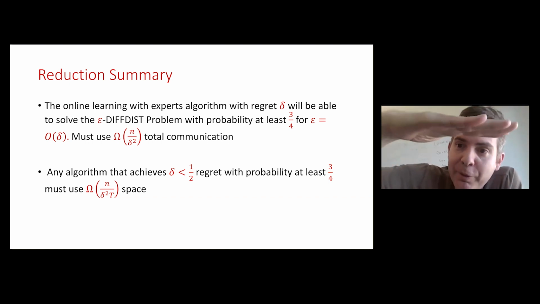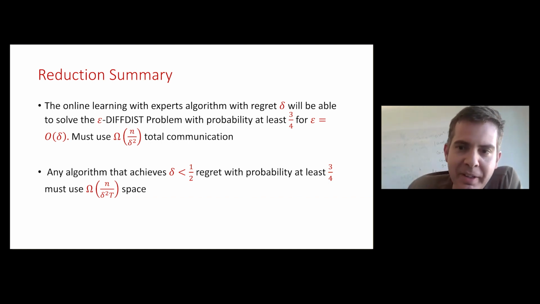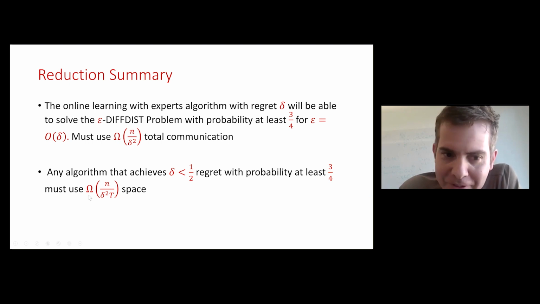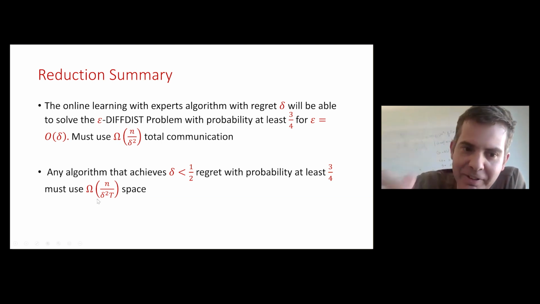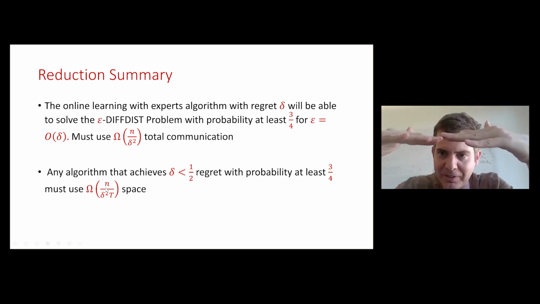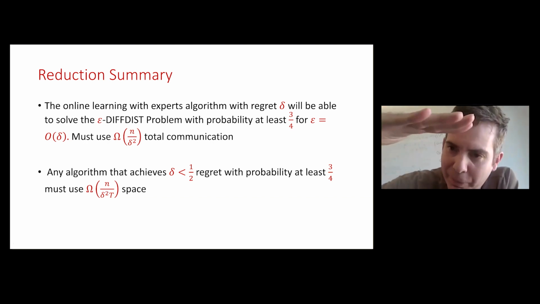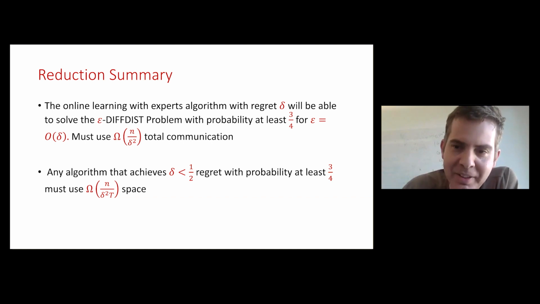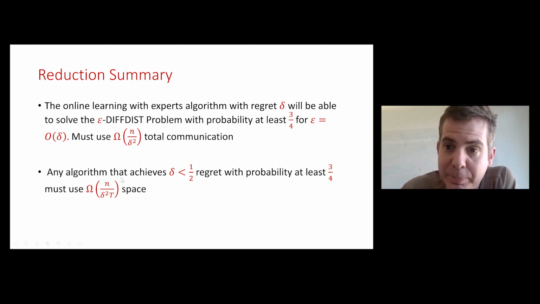For an average day, going from one day to the next, there exists a day for which the communication is at least n over delta squared t. And the communication in the simulation is just passing the state of the streaming algorithm from one day to the next. So the streaming algorithm uses at least n over delta squared t space. So that's the lower bound.